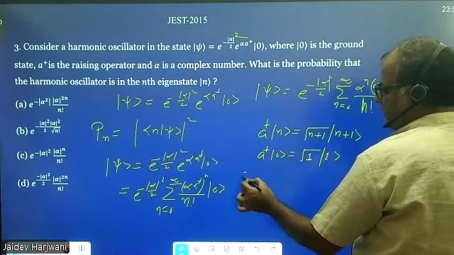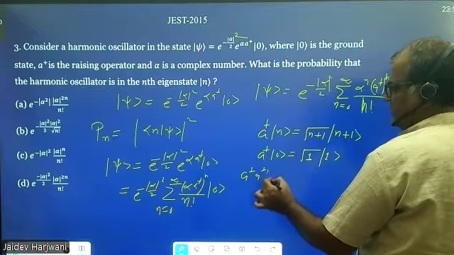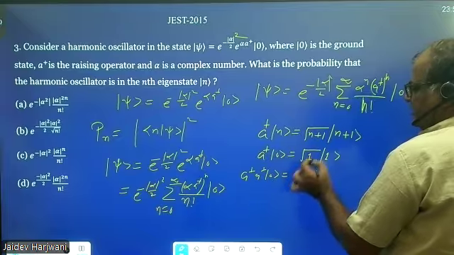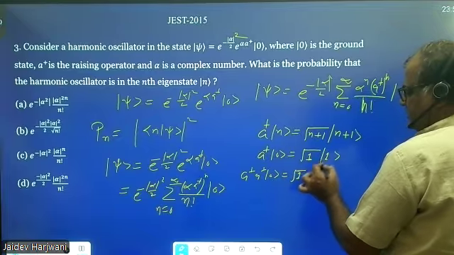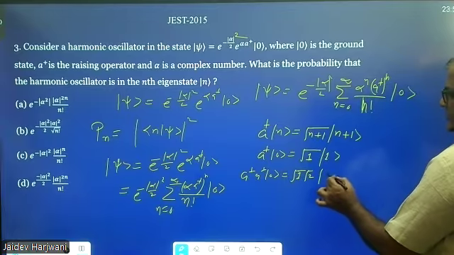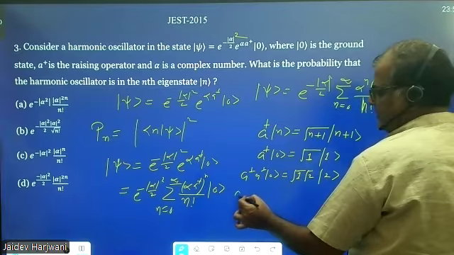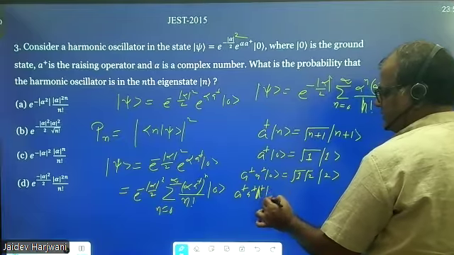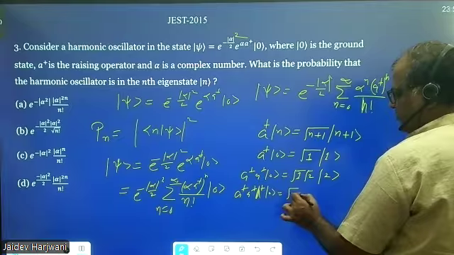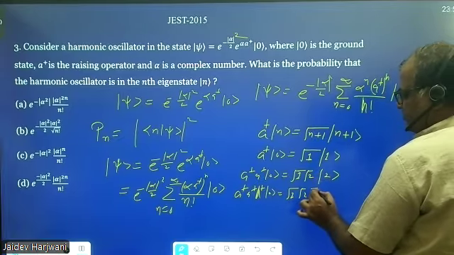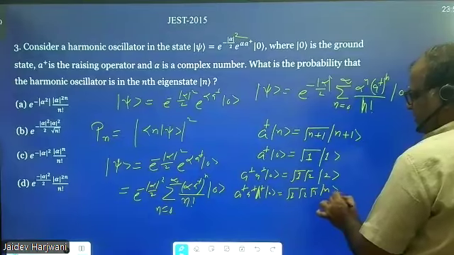If I apply a† two times on |0>, I get root 1 times root 2, and this will be state 2. Similarly, if I apply it three times, this will be root 1, root 2, and one more time, root 3, and this will become state 3.